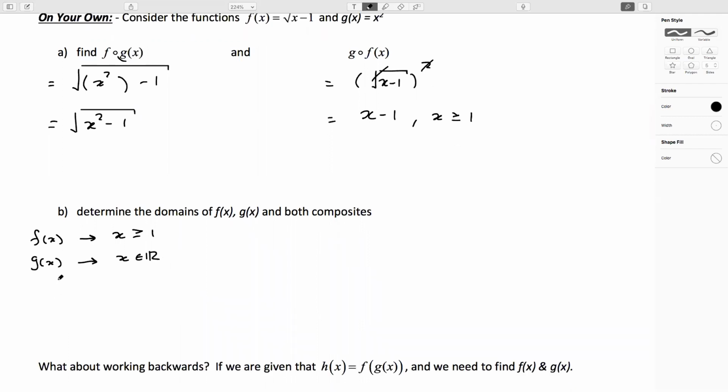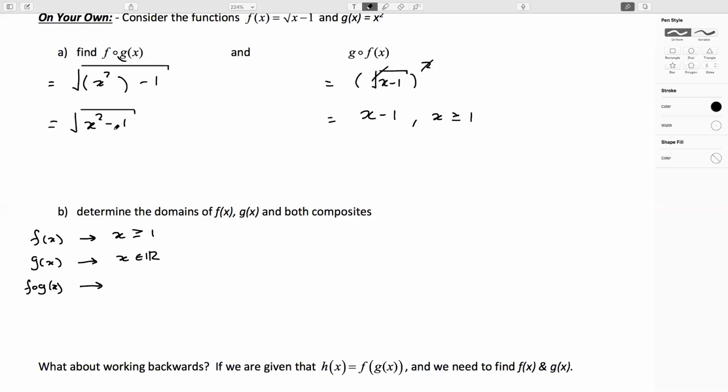Now, f of g of x, the first one here, root x squared minus 1. Now, there's a couple things that can go wrong here. You could put in like 0.5. Squaring it becomes 0.25, and you'll get a negative in the square root.